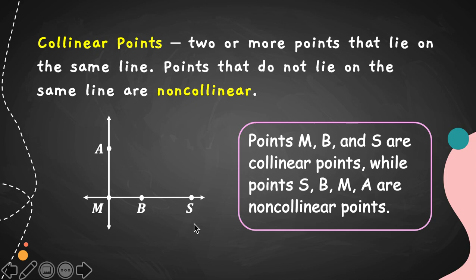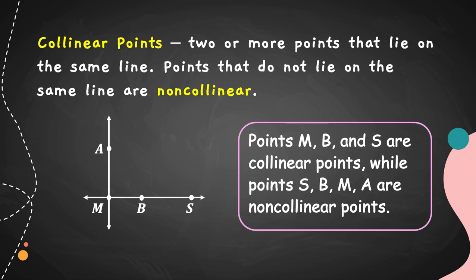So therefore, we cannot say that these points are collinear, but rather we will call the points S, B, M, A non-collinear points. So I'll repeat. If the points lie on the same line, then we call these points collinear points.